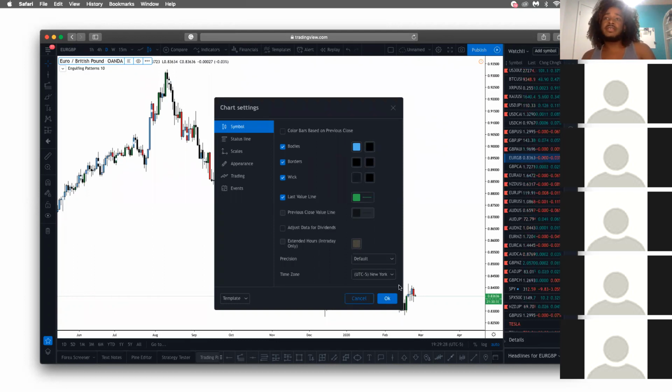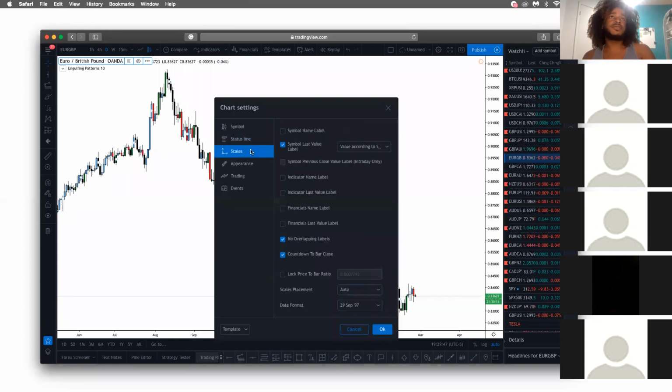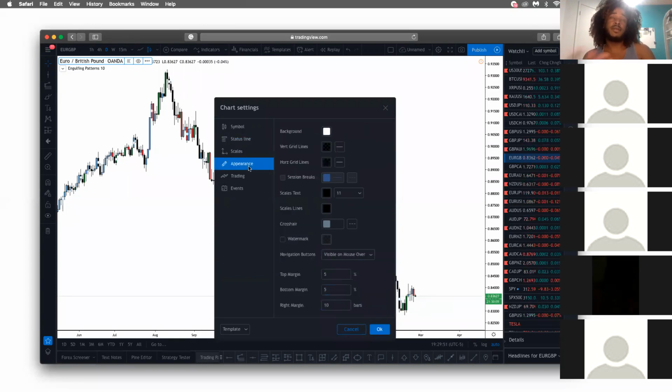Last value line is this line that shows the last value. I have that on green, and then I have the rest of the options off, right? These are the other options I have. You could pause the video or screenshot the recording if you want to copy this appearance, right?